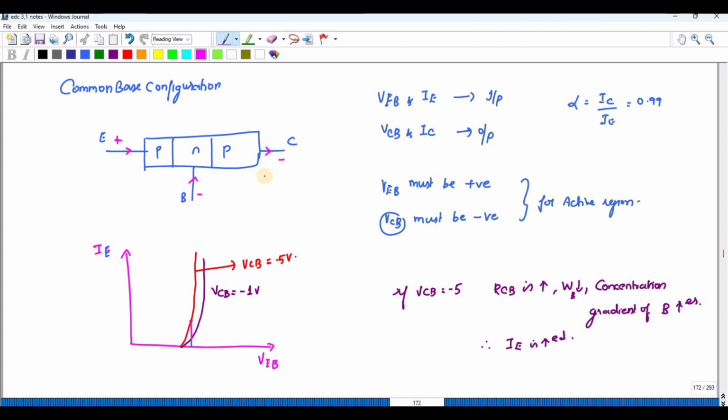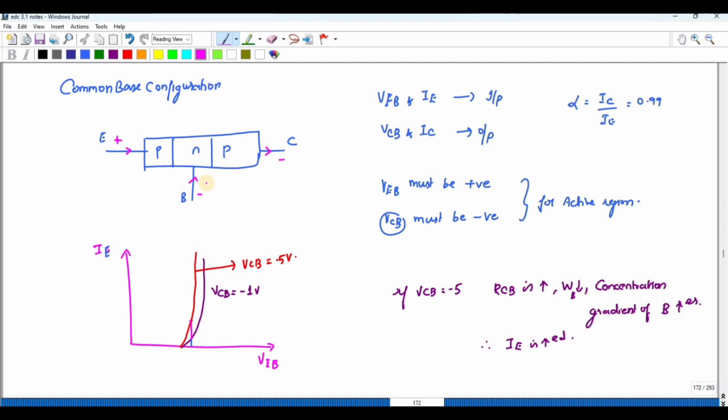If reverse bias increases, the space charge region between the base and the collector increases. This reduces the width of the base, therefore the IE current gets increased. So this is about the input side.